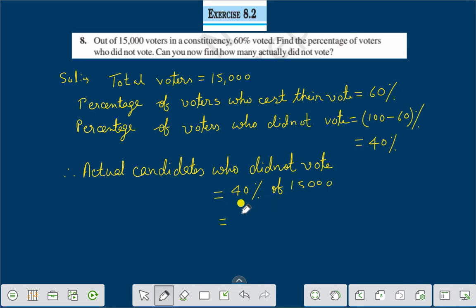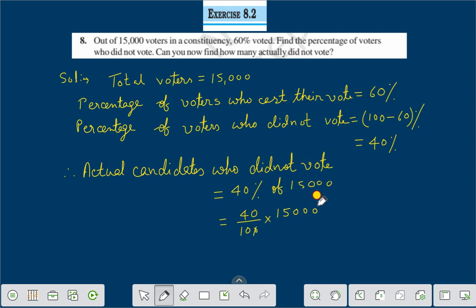Therefore, you are getting 40 by 100, of means multiply, 15,000.